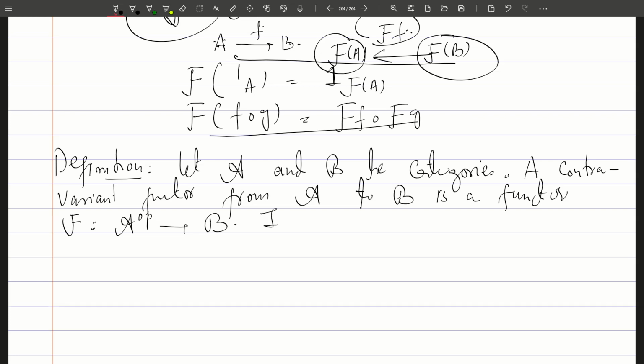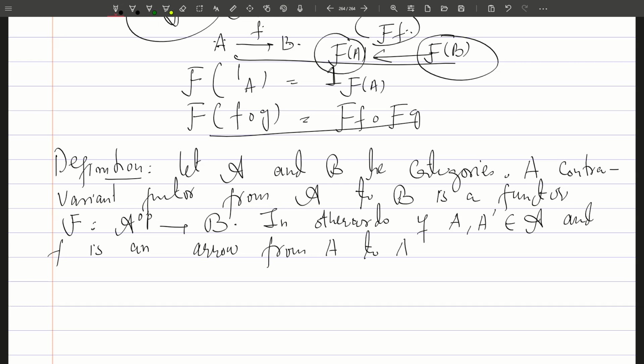In other words, say we have two objects A and A prime in A, and f is an arrow from A to A prime, then F of f is an arrow from F of A prime to F of A.